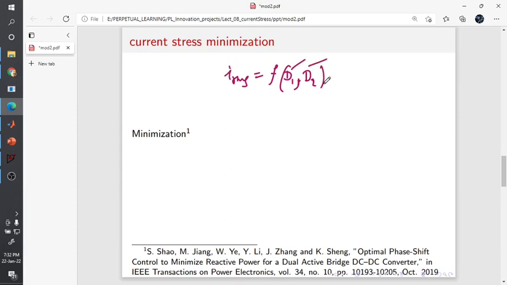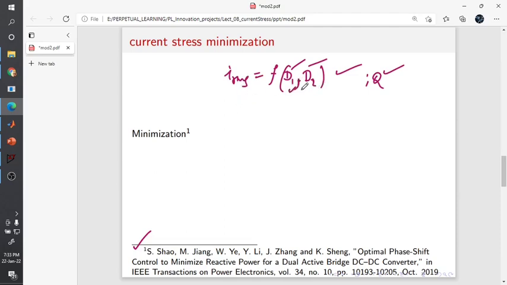So the RMS current rating of the device you can easily calculate, or you can calculate the reactive power also. Here the reference shown is a very good paper on the minimization of reactive power, but it can also help you minimize the RMS current rating or current stress on the dual active bridge converter.